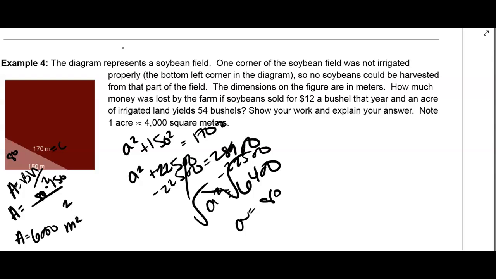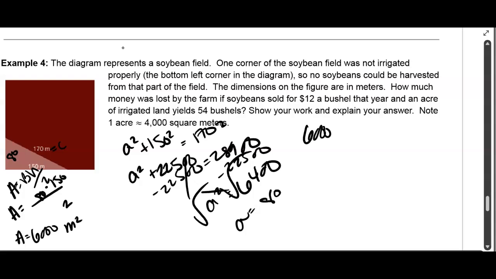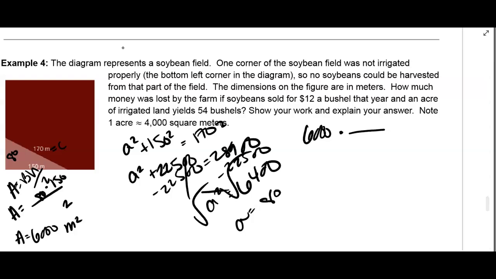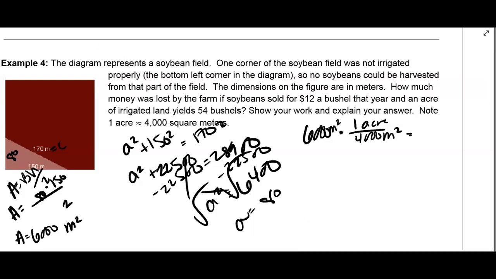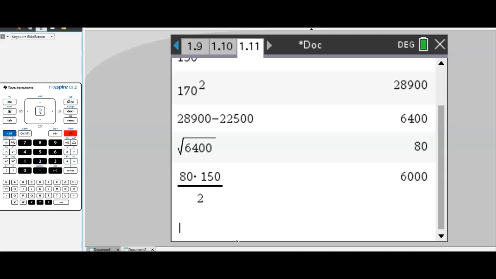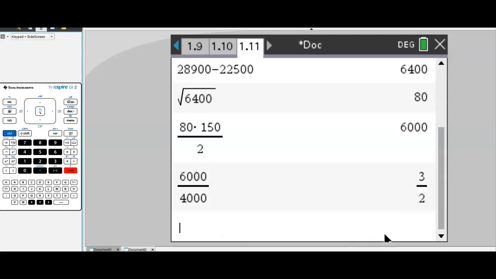So I'm going to take my 6,000, and I'm going to multiply it by the unit conversion of 1 acre is 4,000 square meters. So I have meters squared here. So I'm going to do 6,000 divided by 4,000, which is 3/2, or 1.5.